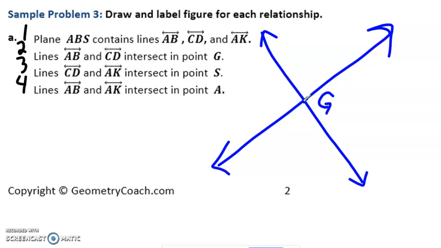One of the lines is AB, so I know I need to have A and B on this line, and I'm going to put them opposite, but does it have to be like that? A and B just need to be on this line somewhere. And then CD on the other line, so I could put point C there, I could put point D there, couldn't I? I could. Or I could put D further down. But the fact is the 2 lines intersect at point G. All right? Number 3, go.